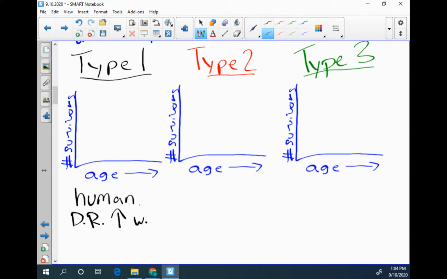So it looks kind of like that. That's type 1. So when you're young, there's a lot of young survivors. As you get older, your likelihood of dying increases, which means we have less old people than we have young people. That's typically how it goes anyway.